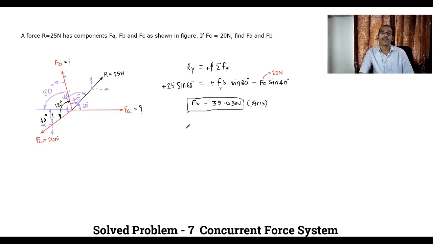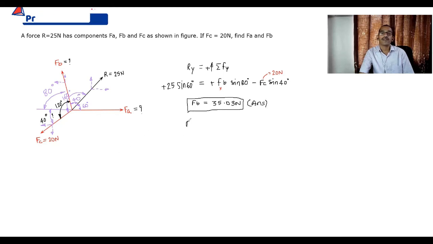Now we'll apply the equation along the x-axis, that is Rx equal to summation of Fx, assuming rightward force is positive. Below Rx, we write the component of the resultant along the x-axis.